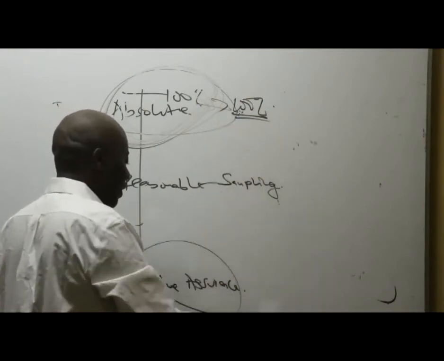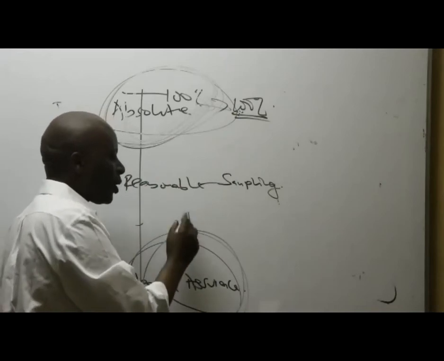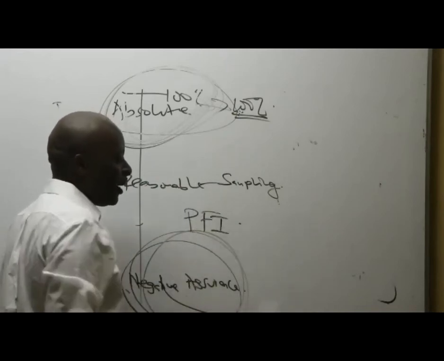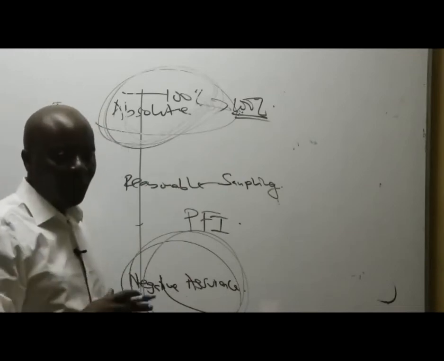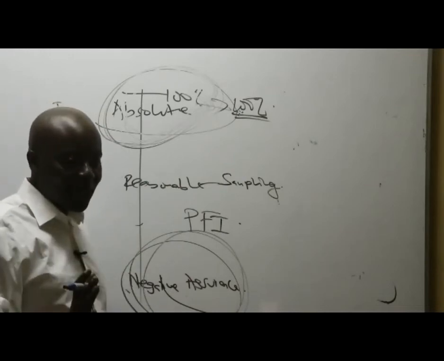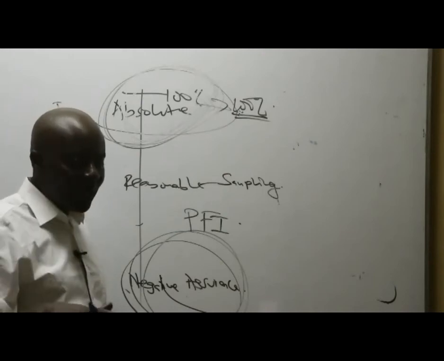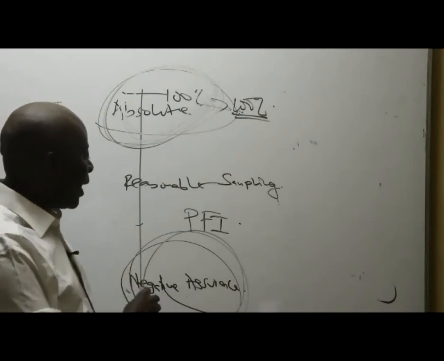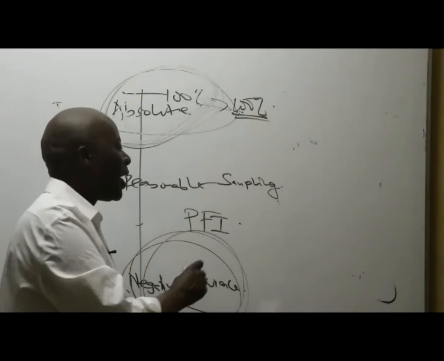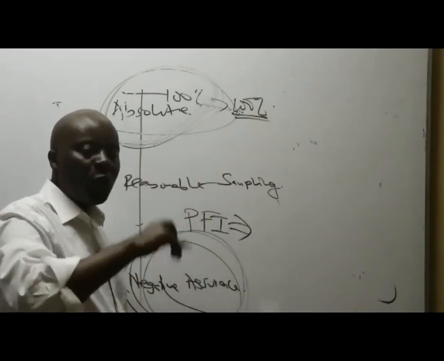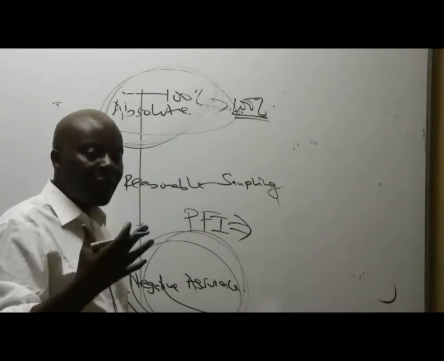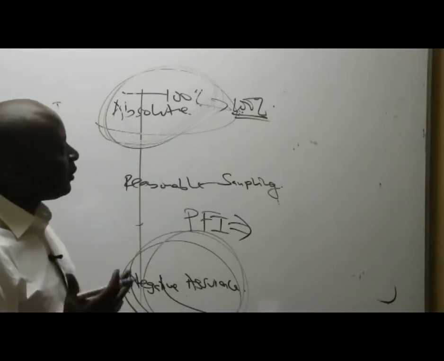Negative assurance, for example, when they ask me to assess the PFI, prospective financial information, like budgets and future information, I cannot give reasonable assurance because things will change quite fast. So for PFI, I'll be giving negative assurance, and for negative assurance, I don't have to use a lot of these substantive tests.